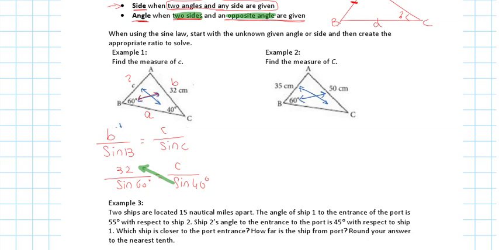So I call this half cross multiply, because I'm only cross multiplying one side. So that becomes 32 times sine 40 divided by sine 60. So that would be 32 times sine 40 over sine 60.